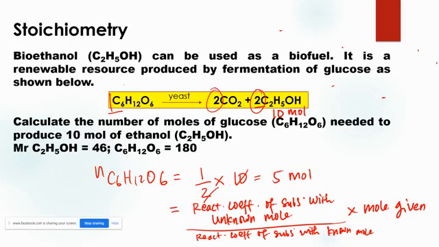So 1/2 times 10, it's 5 moles. So we need 5 moles of glucose to produce 10 moles of ethanol.